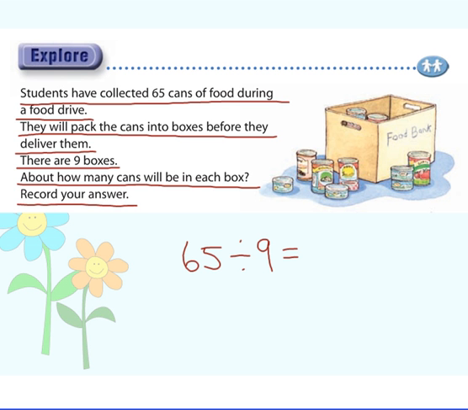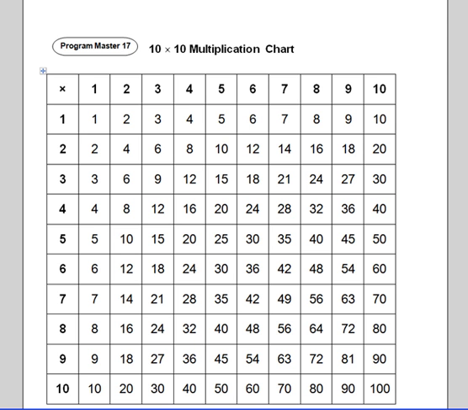Now if you know your multiplication facts well, you'll know that there's no number that's multiplied by 9 that equals 65. So how are we going to do that? Well, when we're estimating, we need to come to the closest number to 65.